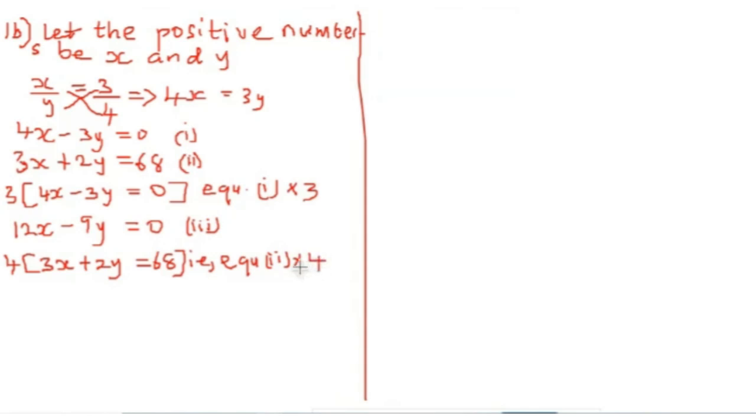So let's open this up. 4 times 3x gives us 12x. 4 times 2y gives us 8y. Then 4 times 68 gives us 272. Let's call this equation 4. Good. So we have two equations where the coefficients of x are the same, 12 here, 12 here. So we can conveniently eliminate it.